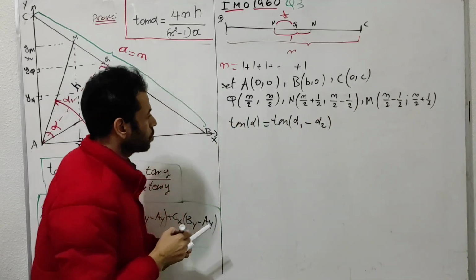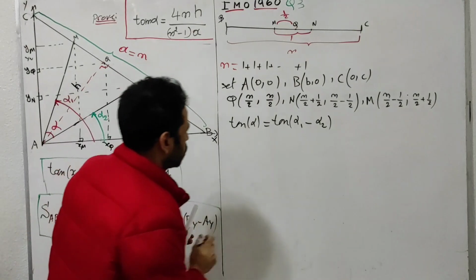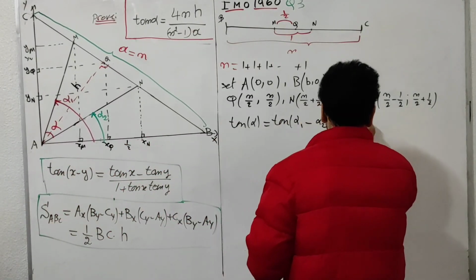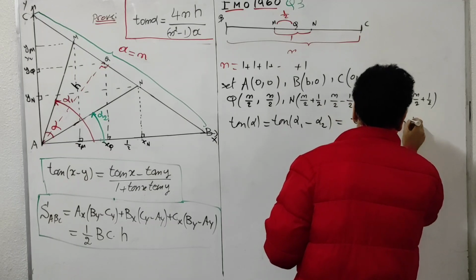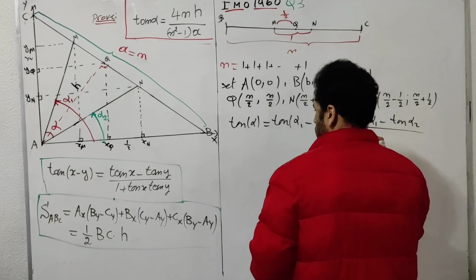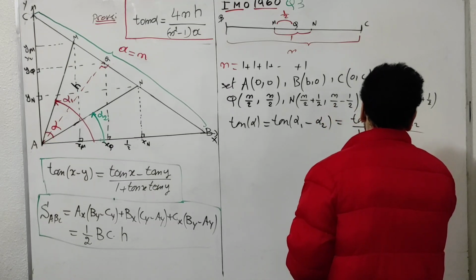Now by using this formula, tangent alpha 1 minus tangent alpha 2, the whole thing is divided by 1 plus the product of tangent alpha 1 and tangent alpha 2.